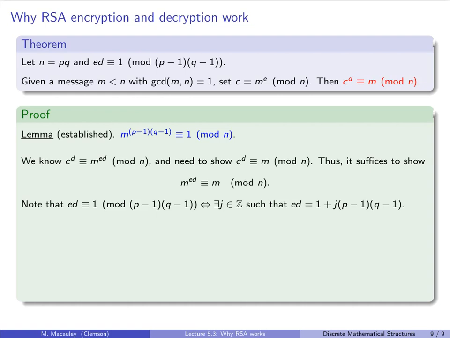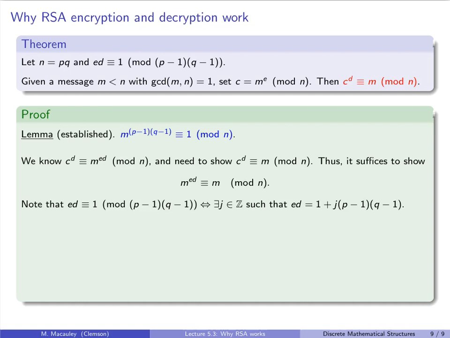And that means that ed is equal to 1 more than some multiple of (p minus 1)(q minus 1). In other words, ed is equal to 1 plus j times (p minus 1)(q minus 1) for some integer j.